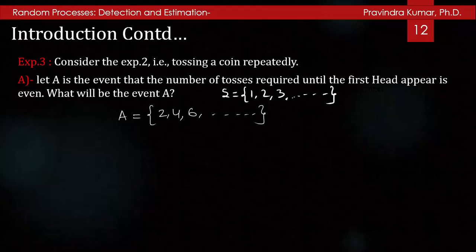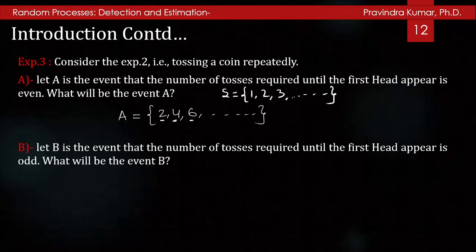So the event A will correspond to 2, 4, 6, meaning the second toss, the fourth toss, the sixth toss and so on. So the event has an even number of tosses required. Next, let B be the event that the number of tosses required until the first head appears is odd. Now what will be the event B?